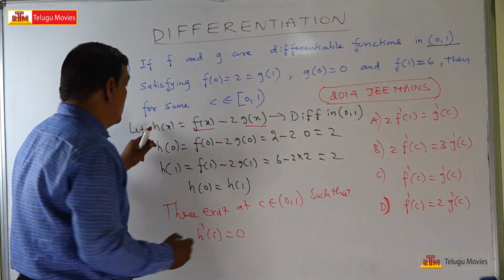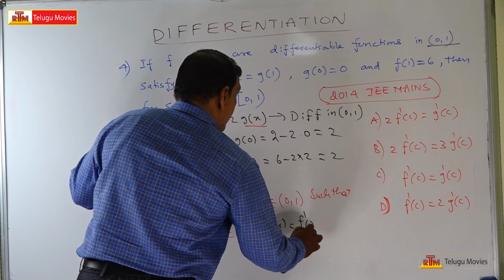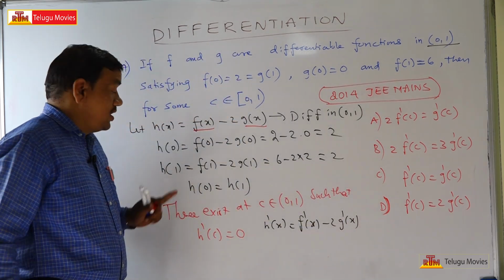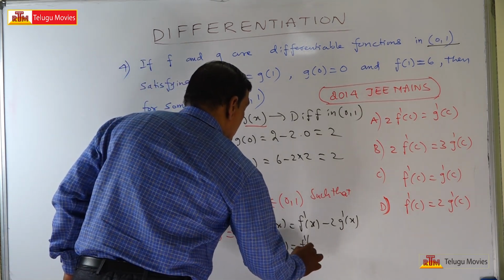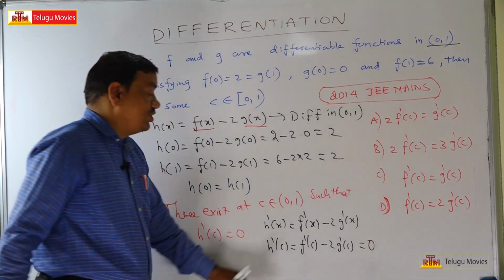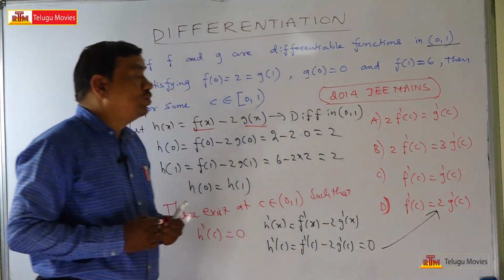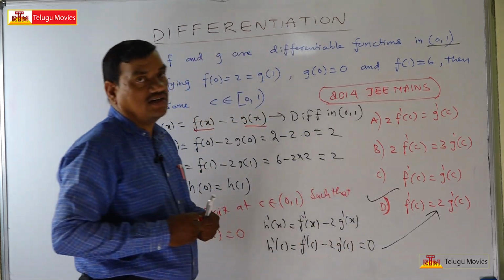First, h dash of x. What is h dash of x? h dash of x is equal to f dash of x minus 2 times g dash of x. h dash of c is equal to f dash of c minus 2 times g dash of c, that is equal to 0. Therefore, f dash of c is equal to 2 times g dash of c. Option D is the correct answer.